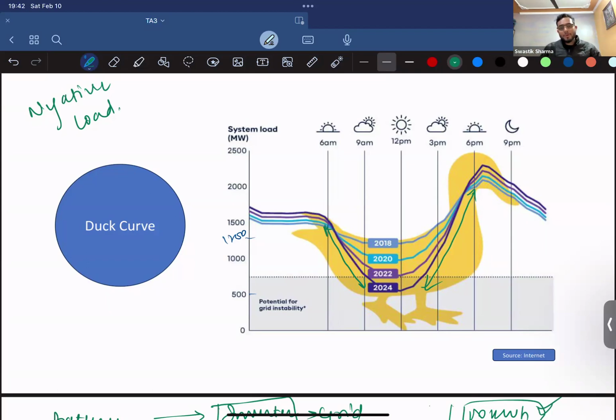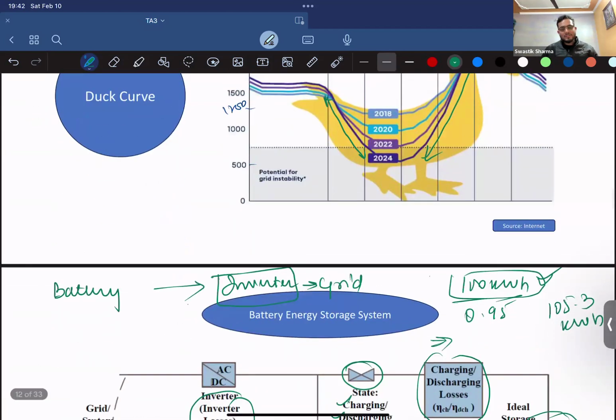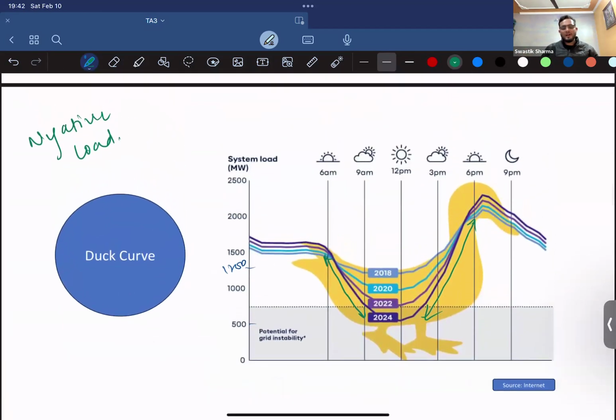So from a system operator's point of view, it is lucrative. Yeah, but it still is expensive in investment. So that's true. But the benefits are much more than the disadvantages associated with that.